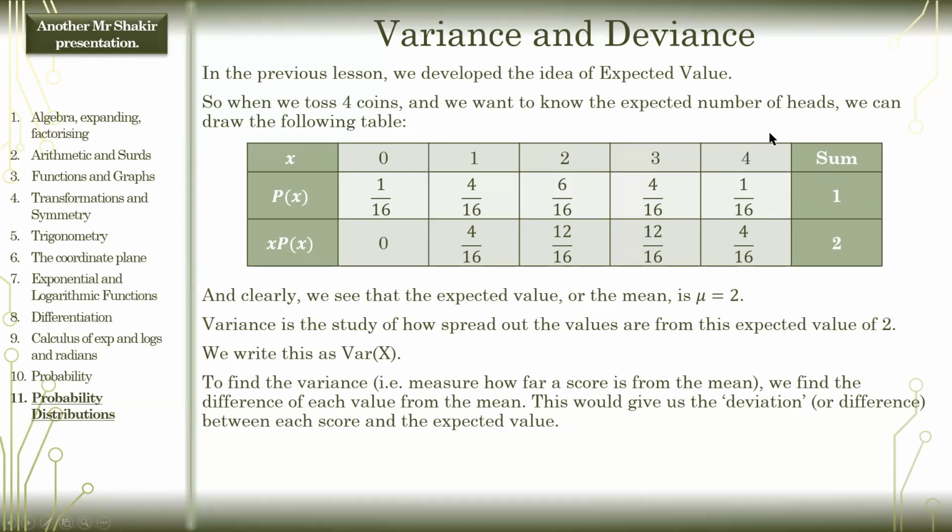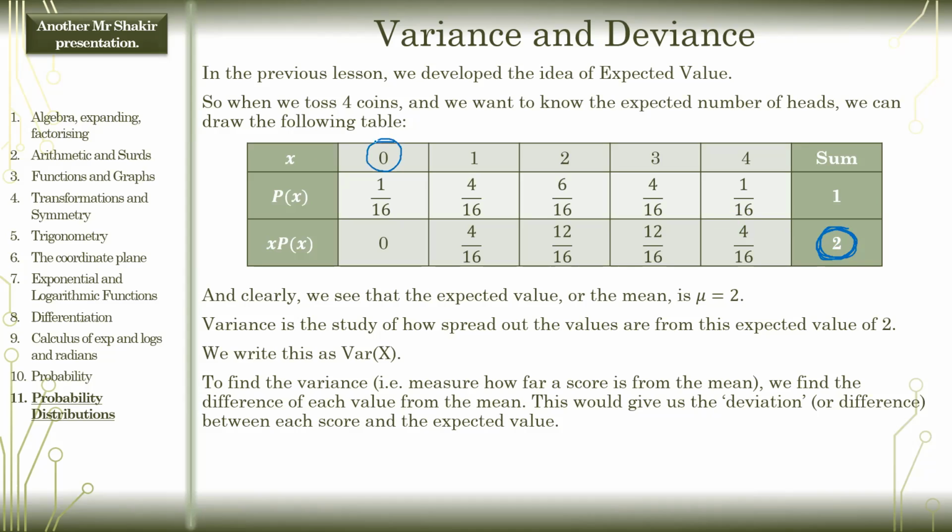So what that means is, let me pull out my pen. This is the expected value. That is the mean, the average, so to speak, of the probability distribution. What we're now going to do is say how far away from the mean each of these values is.